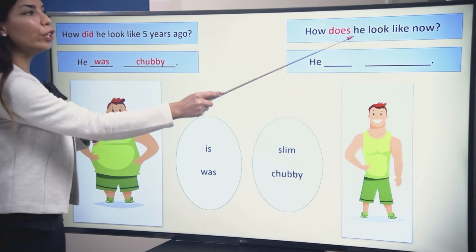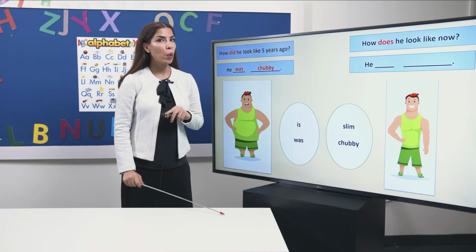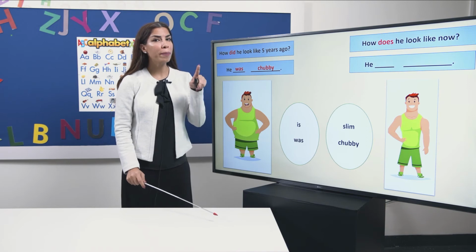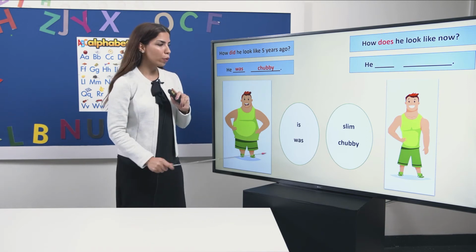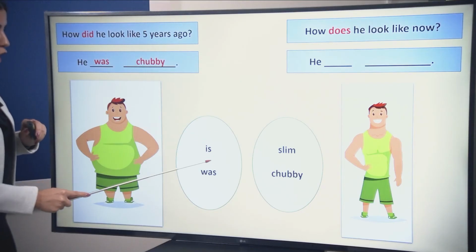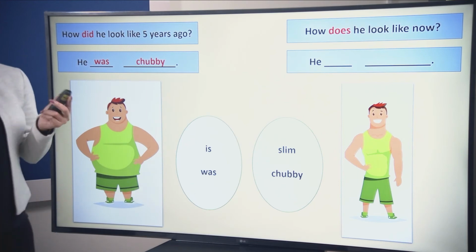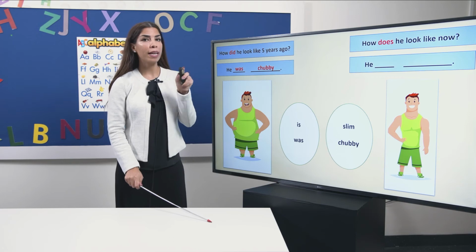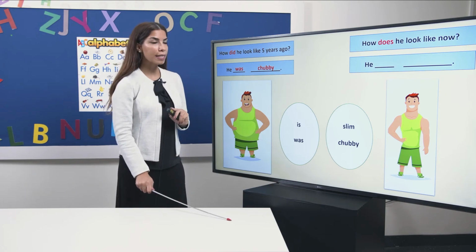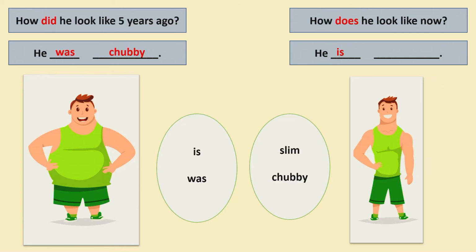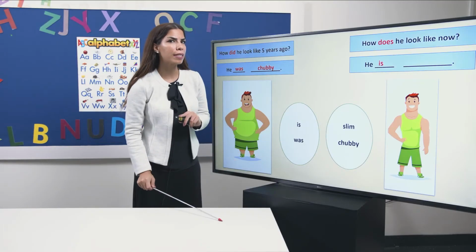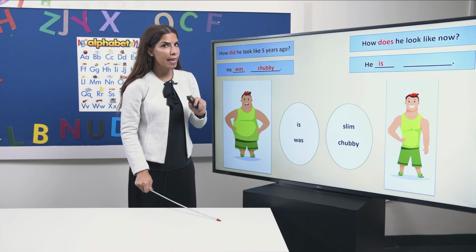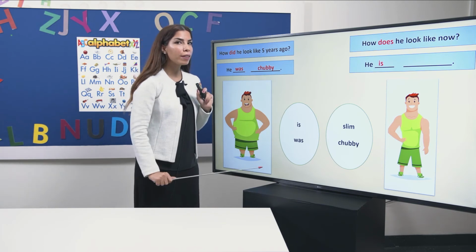How does he look like now? Well, if I want to describe him in the present, do I use is or was? What do you think? Remember what we said before. To describe someone in the present, we use, yes, is. He is. What about his appearance? He is slim or chubby?